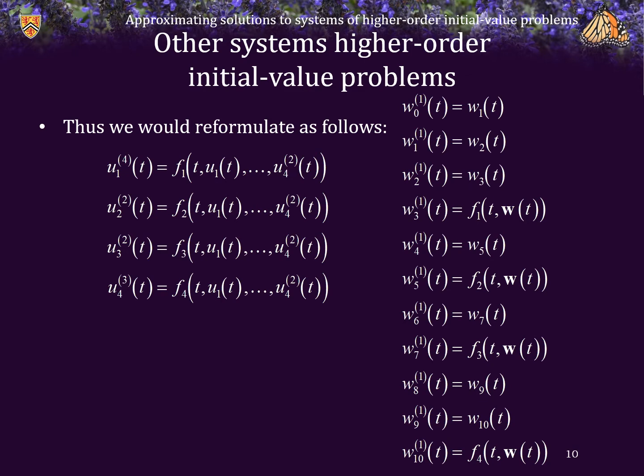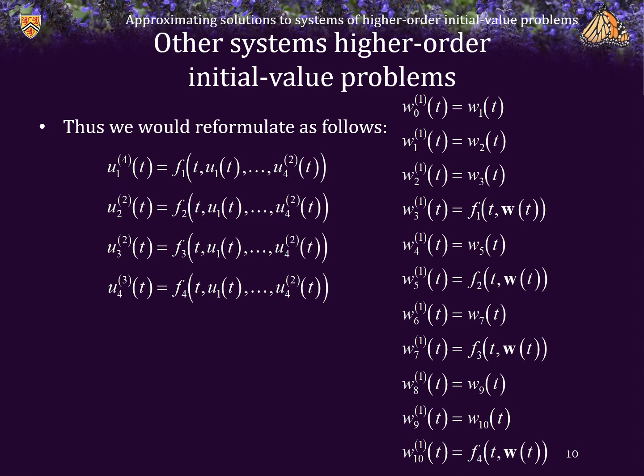So, for example, the successively higher derivatives of the first function would be represented by w0 through w3. The second function and its derivative would be represented by w4 and w5.